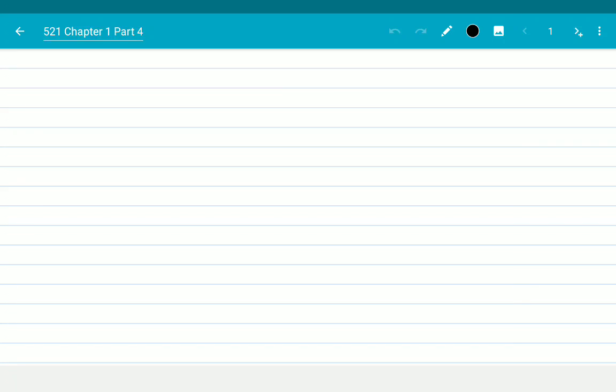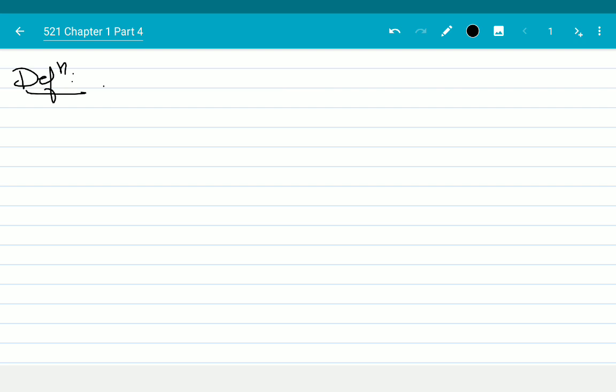So we covered some of the definitions, including a relation, and now we are ready to look at what is a function. Okay, so the proper definition of a function is going to be this.